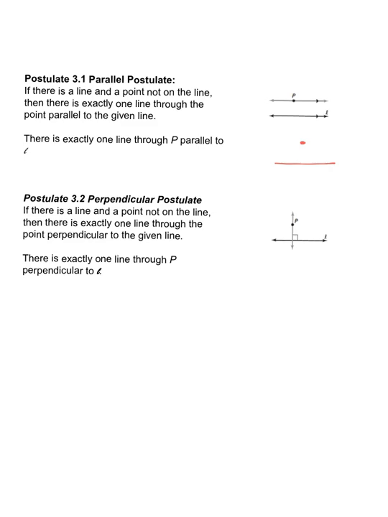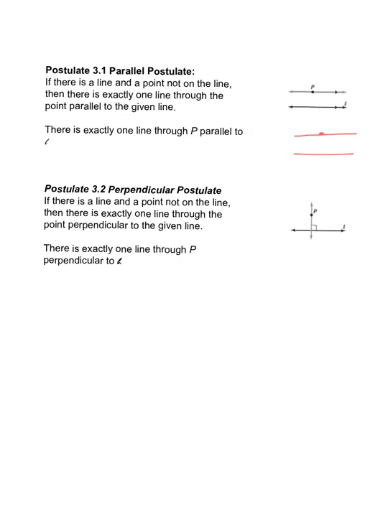So obviously it wouldn't be this line. It wouldn't be this line. There would only be one line to make it parallel. So it would have to be the line with the same slope. The perpendicular postulate is basically the same thing, except we're talking about perpendicular lines.